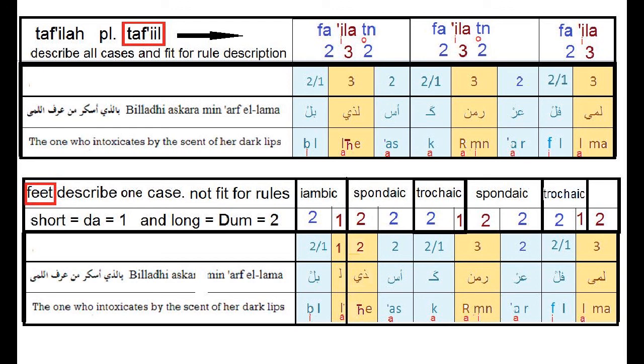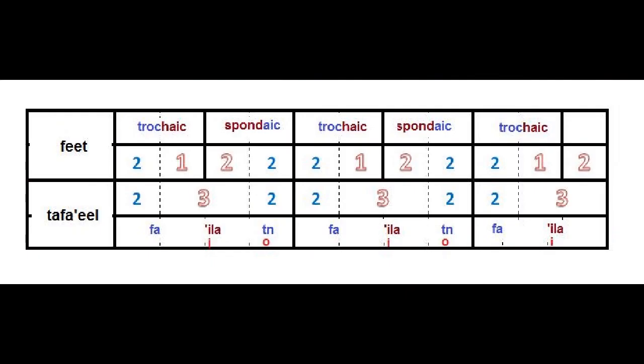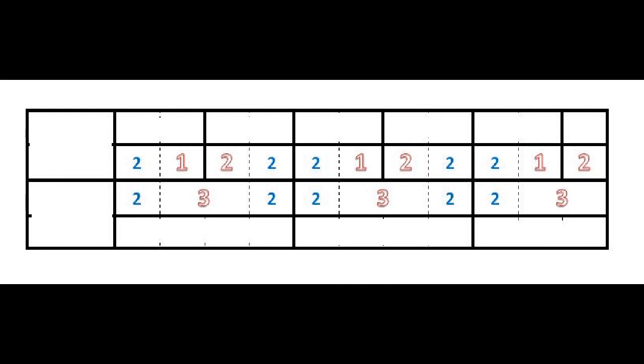That's okay as far as content is concerned, and we will end up with disguised taf'ilas in the form of an inconsistent mixture of feet. This table is an explanation of the previous paragraph. As long as the brown 1 and the brown 2 do not change, then this metric form is an alternative to taf'ila.